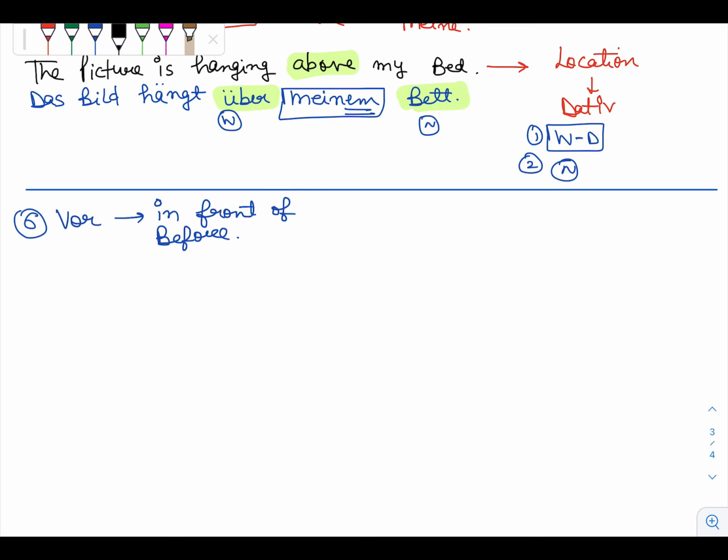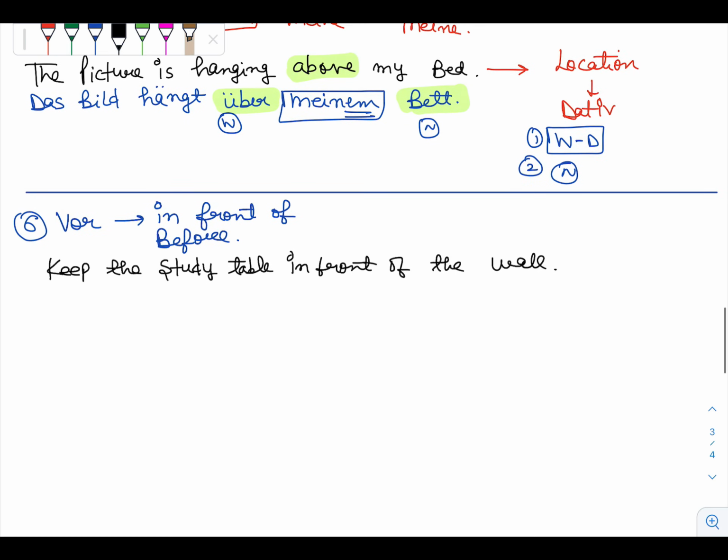So the example is: keep the study table in front of the wall. Keep the study table in front of the wall.